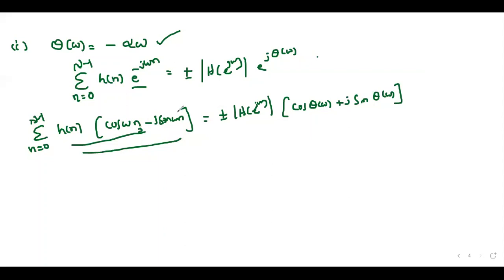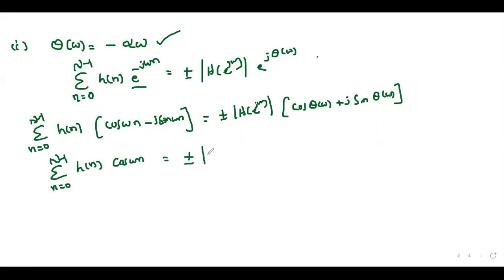So we can compare both sides, real part and imaginary part. Then we can write it as summation n is equal to 0 to N minus 1, first real part, h of n into cos omega n. This is equal to plus or minus mod H of e power j omega into cos theta of omega.